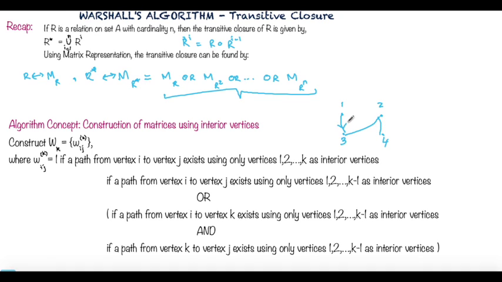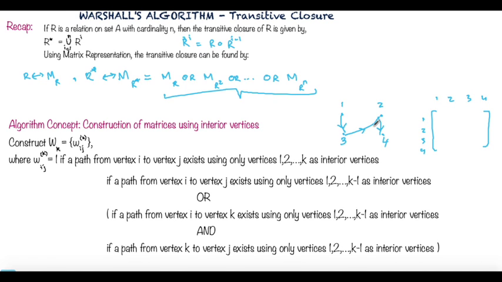So this is a path from 1 to 4. If we have a matrix here, with rows 1, 2, 3, 4 and columns 1, 2, 3, 4, then this is my source and this is my destination.